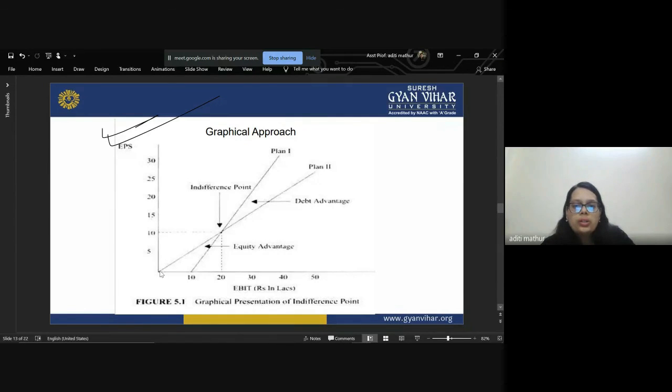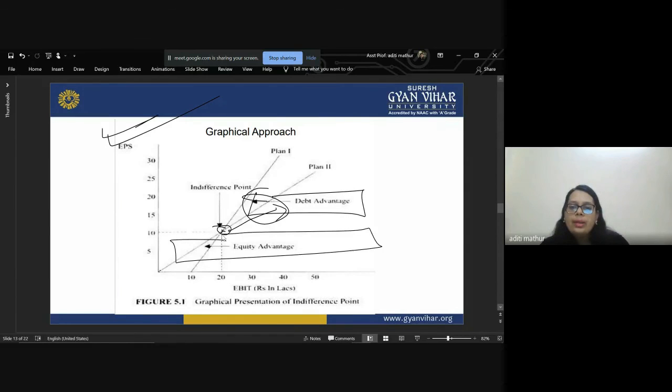This is your plan A and this is your plan B and this is your indifference point. If you go beyond the indifference point, you will be in a debt advantage, and below that you will be in the equity advantage.